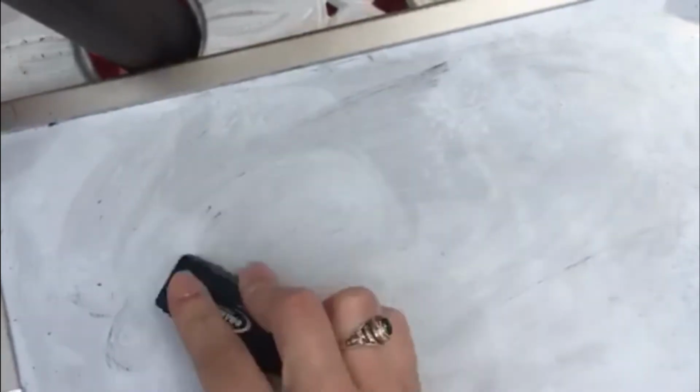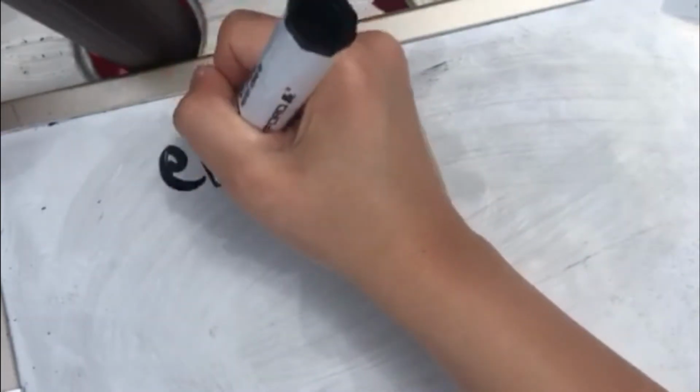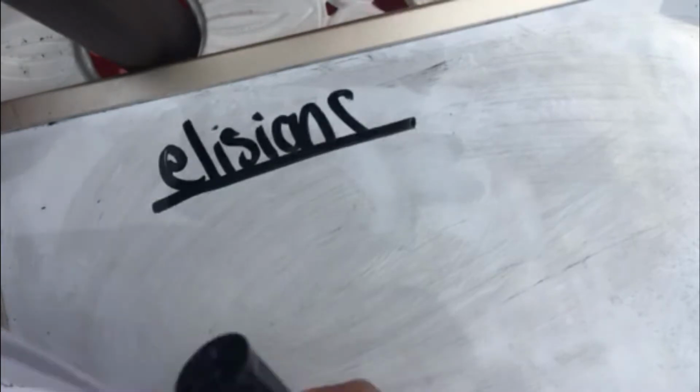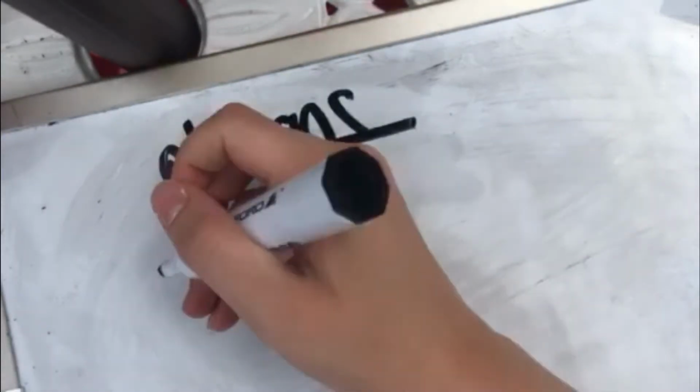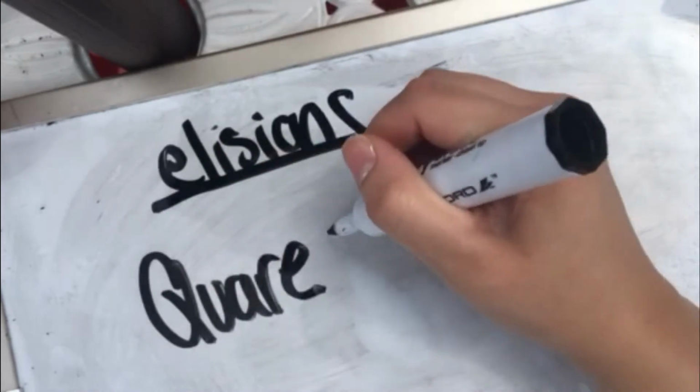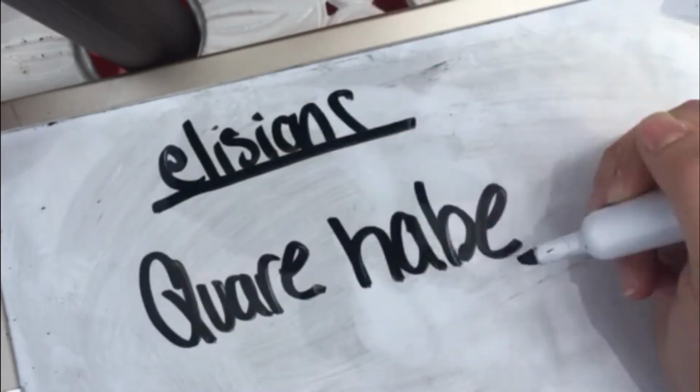Another thing I'm going to throw out to you is a thing called elisions. Elisions happen in poetry. Words kind of combine into one. An example might be if you have "quare habe" in a sentence.